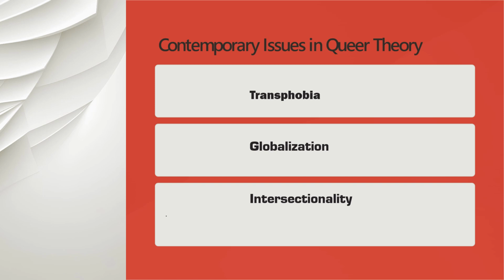Then globalization. We know that globalization has spread queer theory, or the concept of transgenders, throughout the world. Till then, it was confined to the boundaries of Europe, and after globalization, it has crossed over the boundaries of Europe and spread into the world itself.